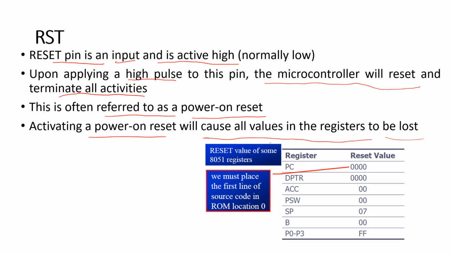Now when reset happens in the 8051, as I told you, the registers will be loaded with 0 values. Let me consider a few of the important registers. Program counter is loaded with 0, DPTR will be loaded with 0, accumulator and program status word will be loaded with 0, and by default the stack pointer will be loaded with the value 07H. That is the default value of the stack pointer. B register is loaded with 0.